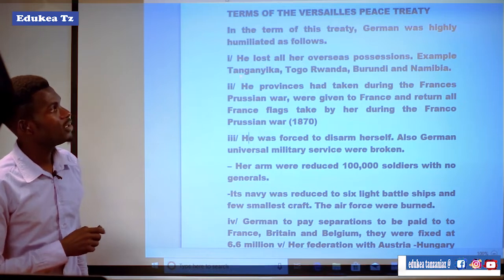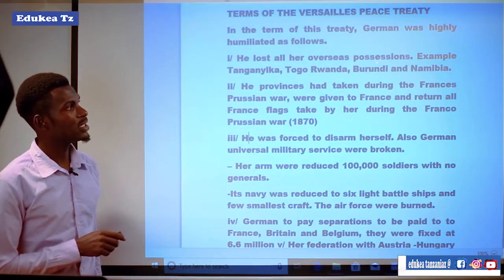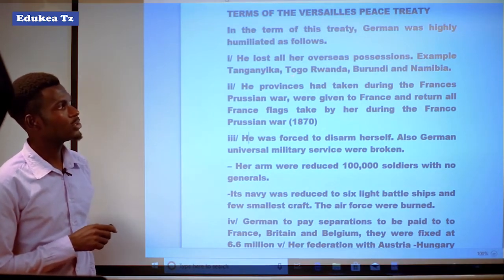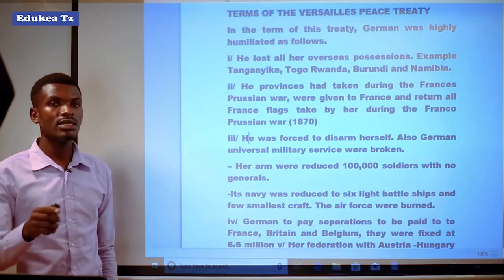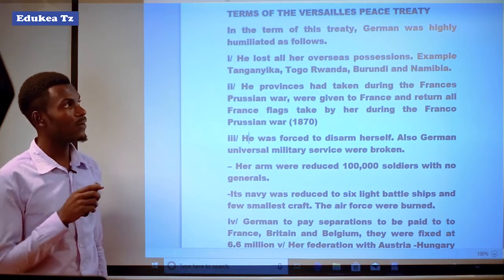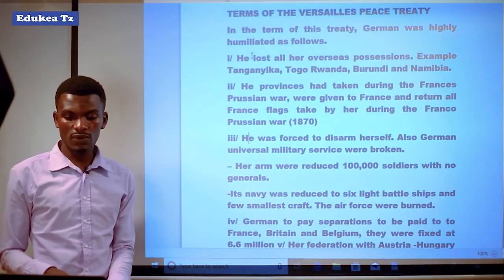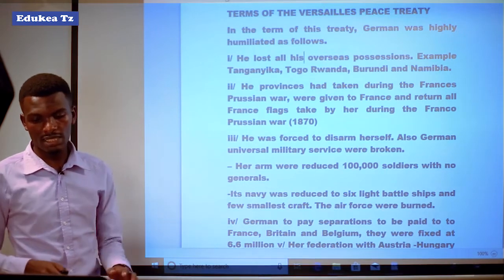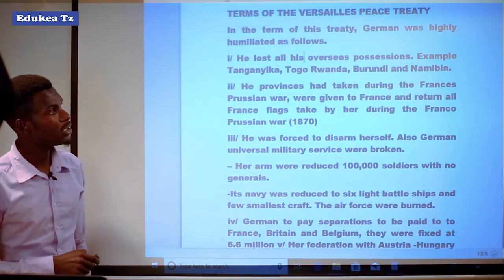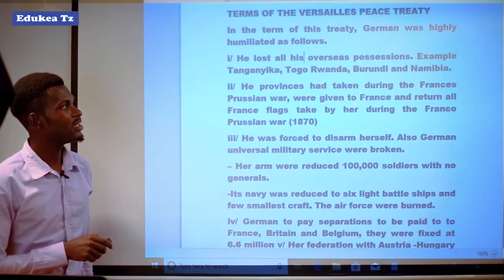He lost all overseas possessions, for example Tanganyika, Togo, Rwanda, Burundi, and Namibia. It means Germany had to lose his overseas colonies like Tanganyika, Togo, Rwanda, Burundi, and Namibia.